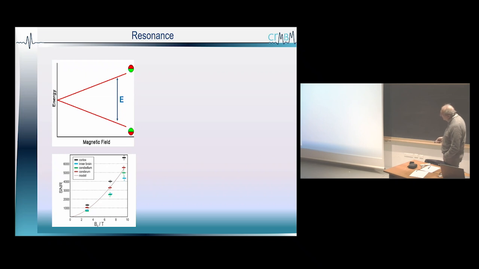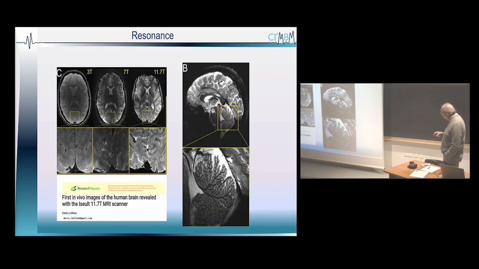You can see that it can go very high with the increasing magnetic field, and that's why people want to be here if they want to assess different sorts of phenomena. This is something I've just picked up from the literature, from the very high field magnet which has been built in Paris.